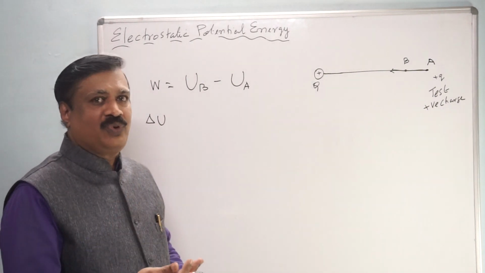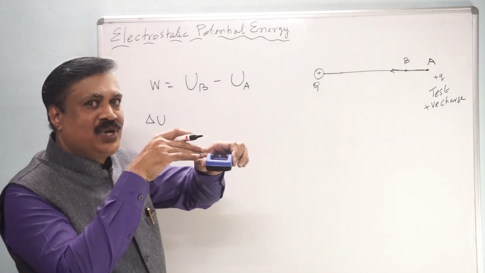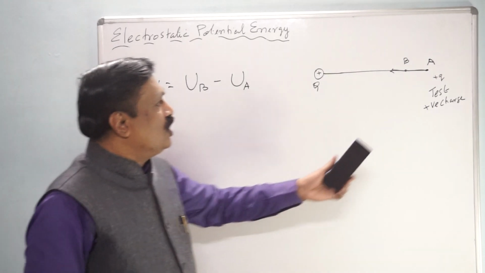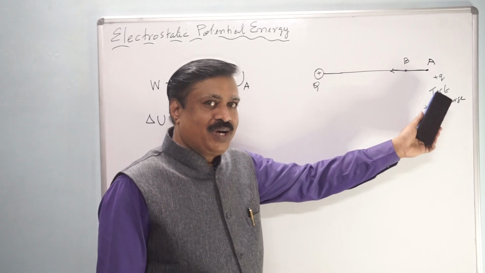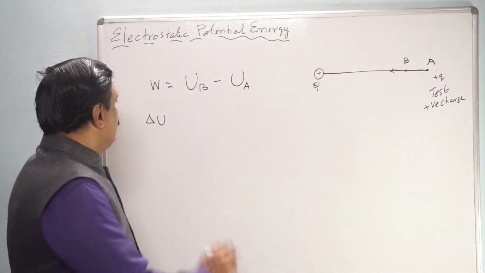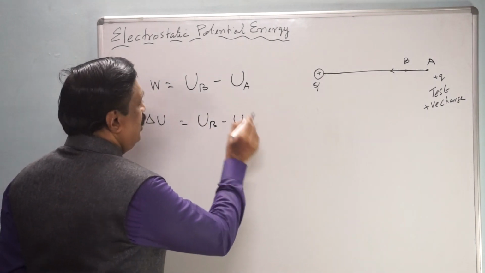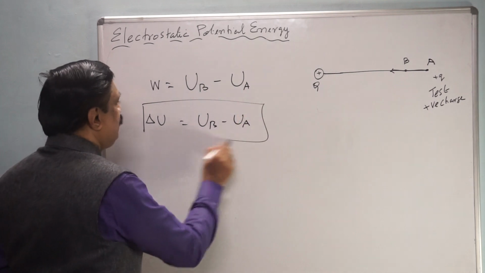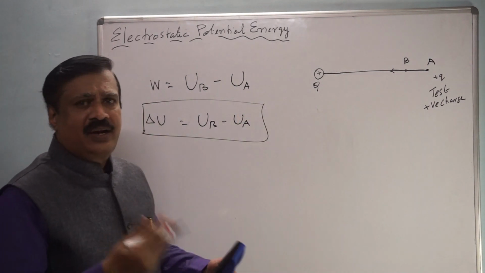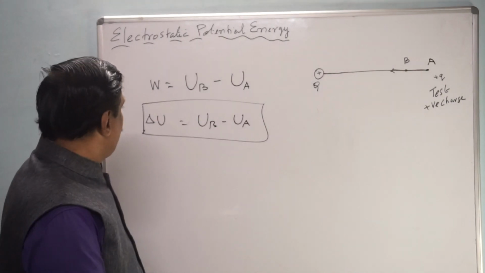Already you know, in lifting an object also you have done some work and it is stored as potential energy. Here also you are bringing a test charge from this point to this point. Therefore, delta U equals UB minus UA. Now, we can write it in equation form.